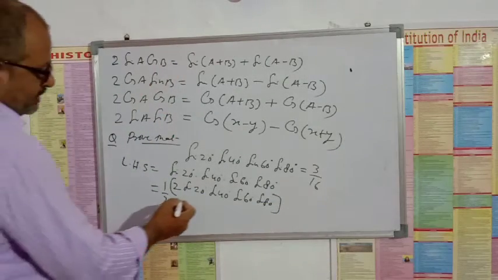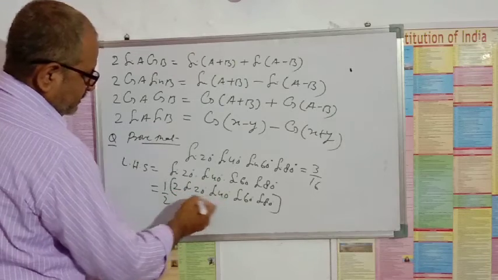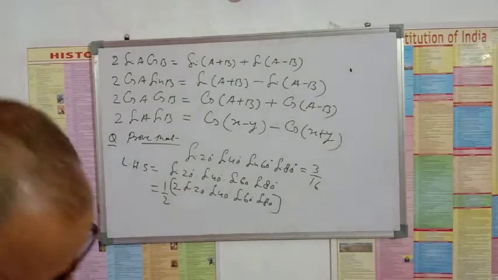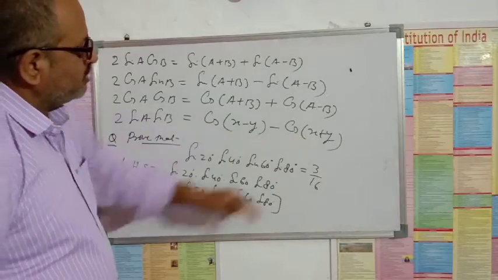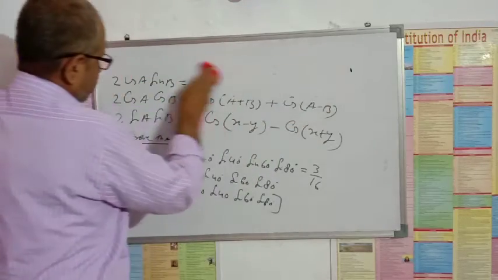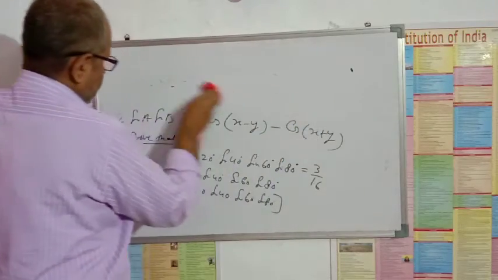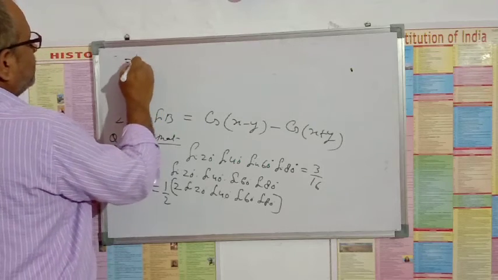Now we can apply 2 sin A sin B, which is cos(x-y) - cos(x+y). So write 1 by 2.